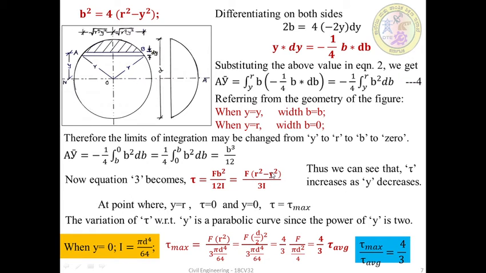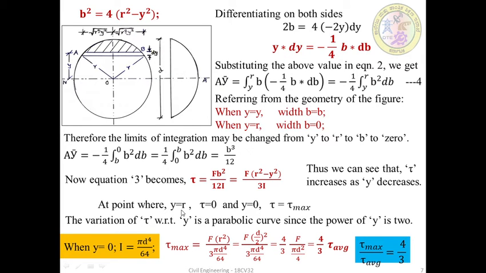Means when y is equal to 0, stress is maximum and is about the neutral axis, and when y is equal to r, stress is 0. Means at the extreme ends the shear stress is 0, whereas coming towards the neutral axis from the extreme ends, the shear stress is maximum.